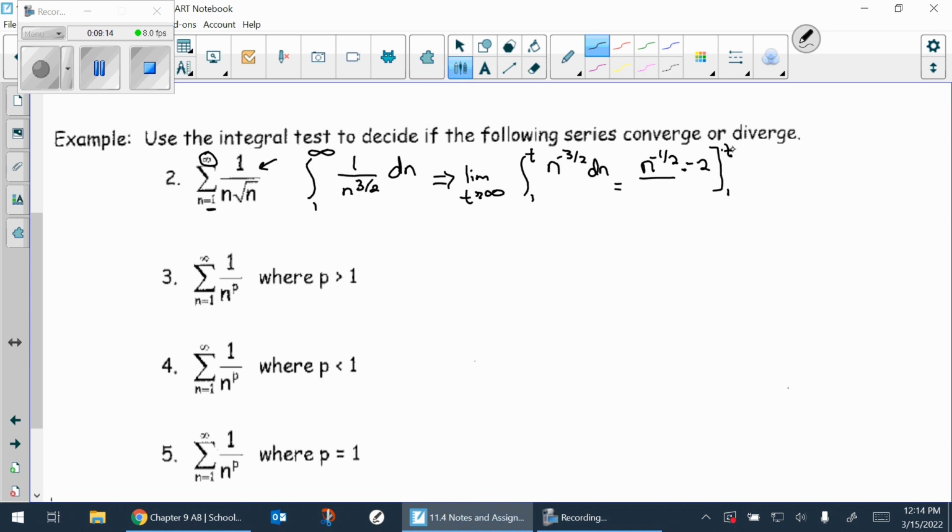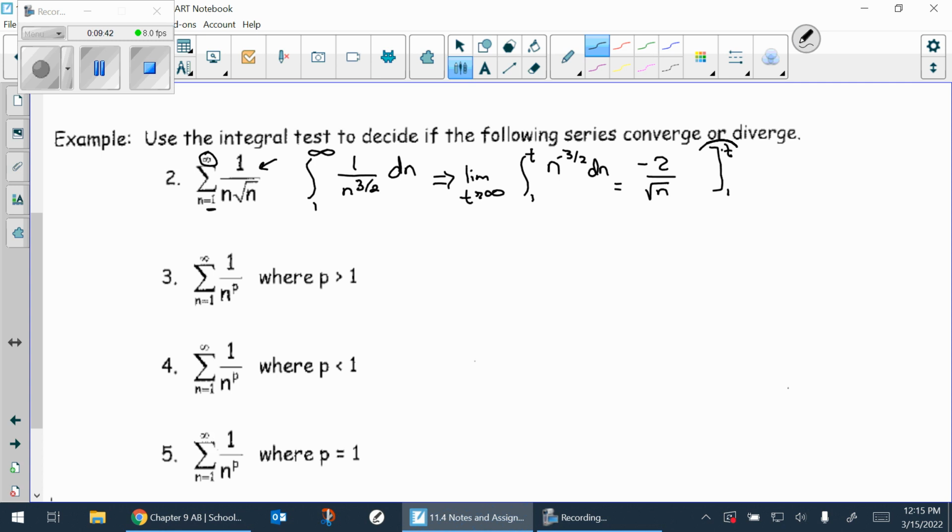I'm going to write it as negative 2 over the square root of n.